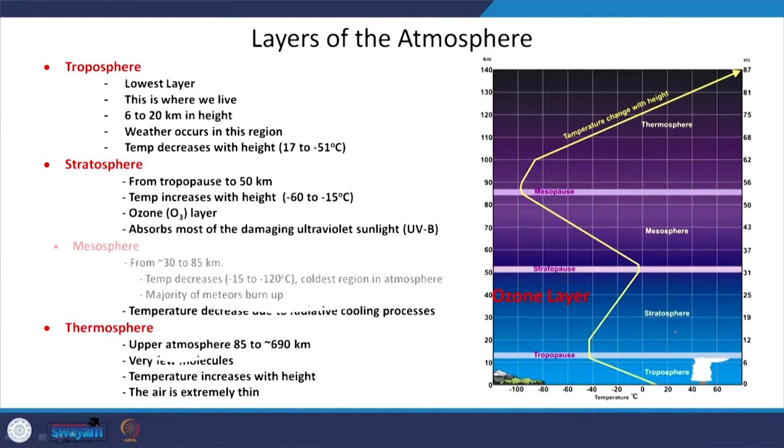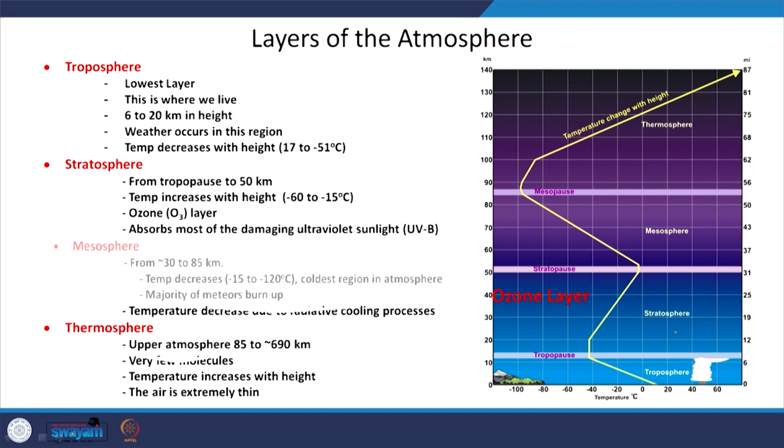But what you see here is that the temperature does not simply decrease as you go up. Temperature decreases up to a particular point, then it increases, then it decreases, then again it increases. This zigzag structure is a very unique feature that you see only in the atmosphere of the earth.